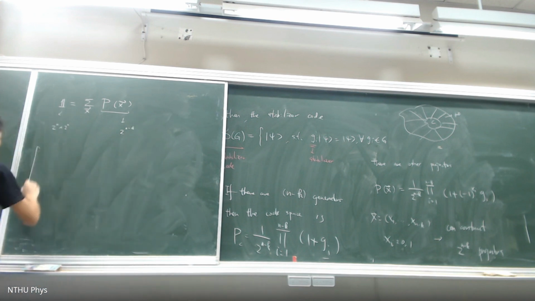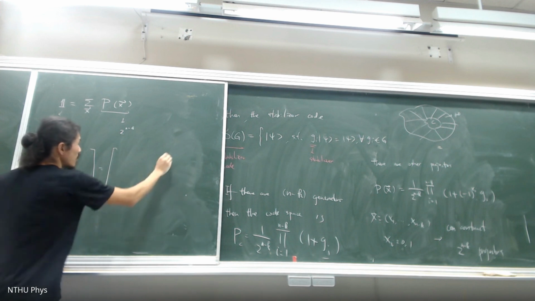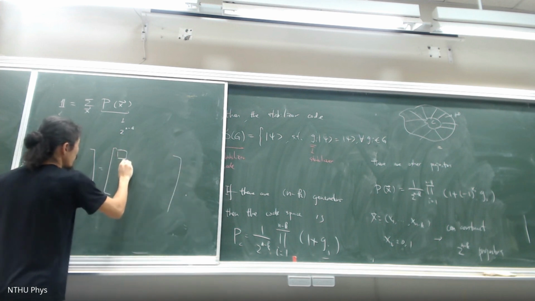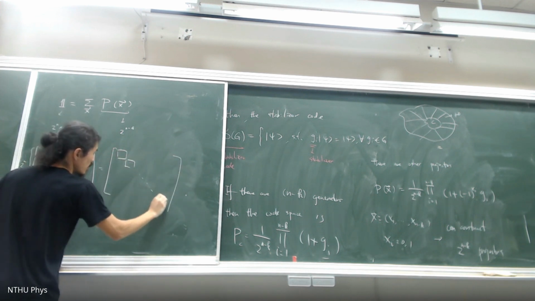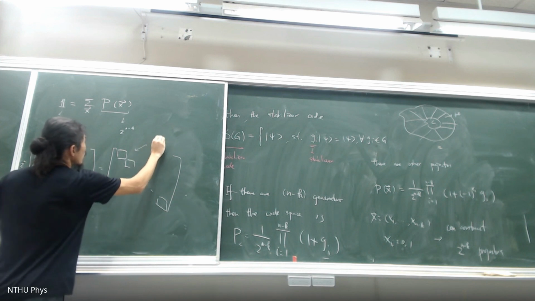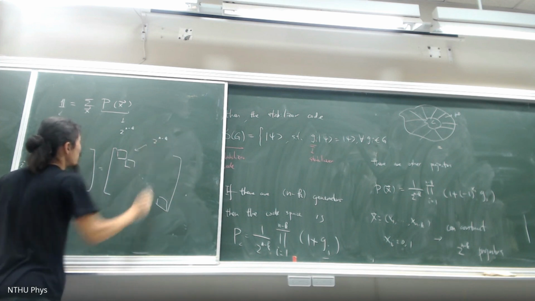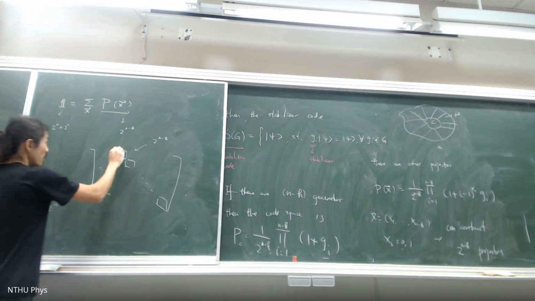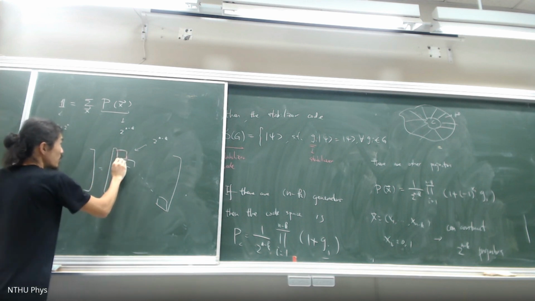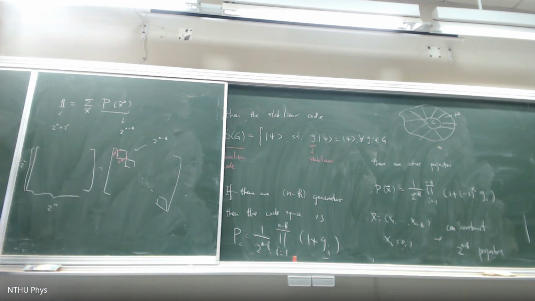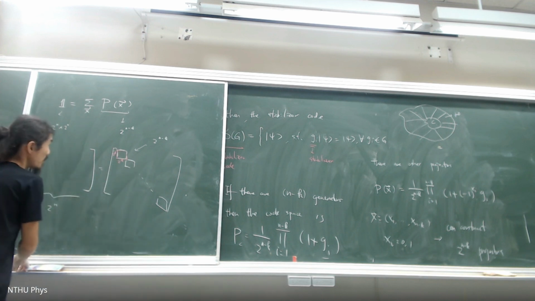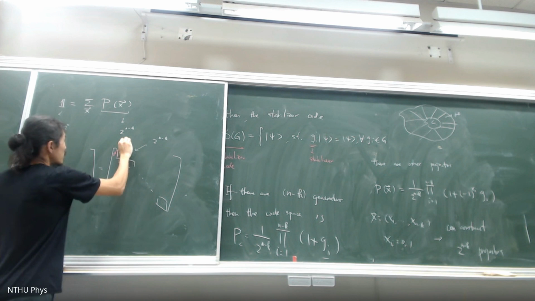Equally, this is 2 to the power n by 2 to the power n, and it has this kind of block form. I have 2 to the power n minus k blocks, so each block must be 2 to the power k large. One of the blocks is the code space.